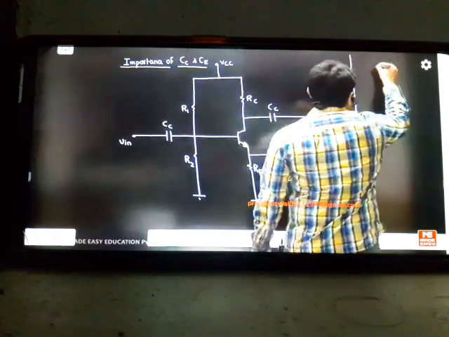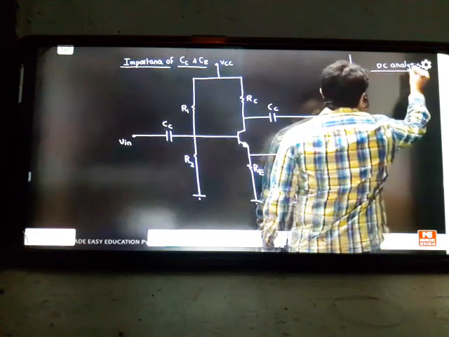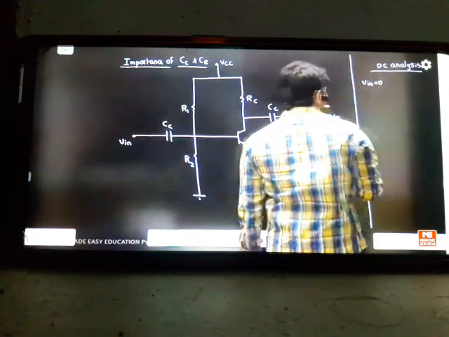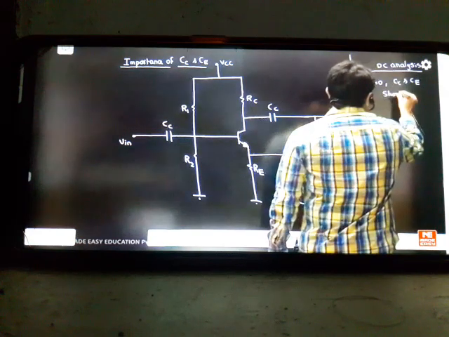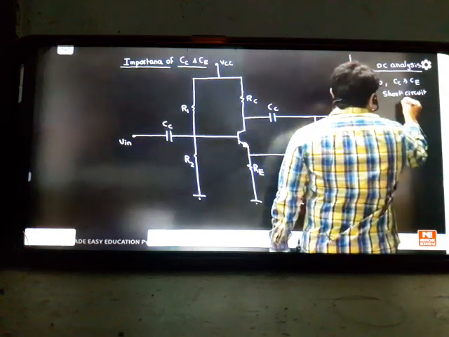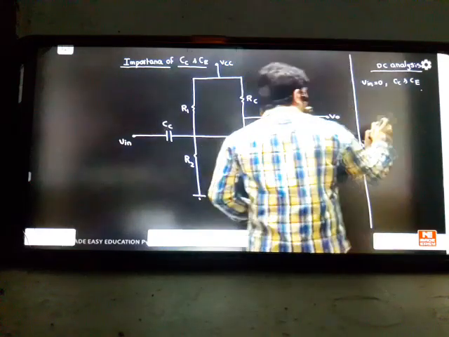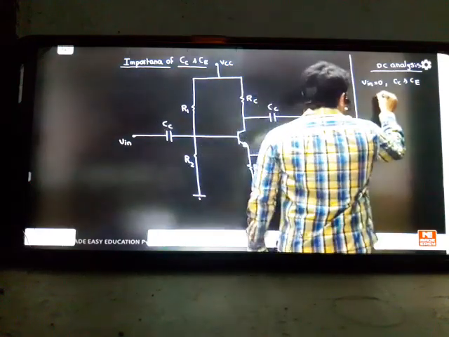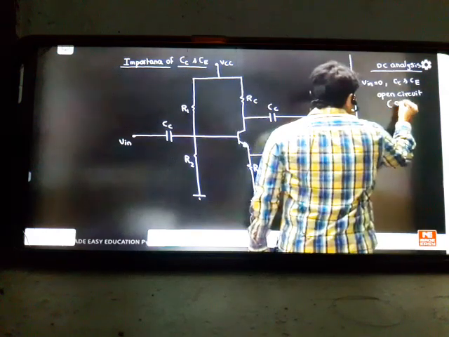If I go for DC analysis, meaning only the DC part, the conditions we have to take are that the AC signal should be 0, and the coupling capacitor and bypass capacitor should be taken as... sorry. For DC it is not short, it's an open circuit you have to take. They are open circuit. OC you have to take.